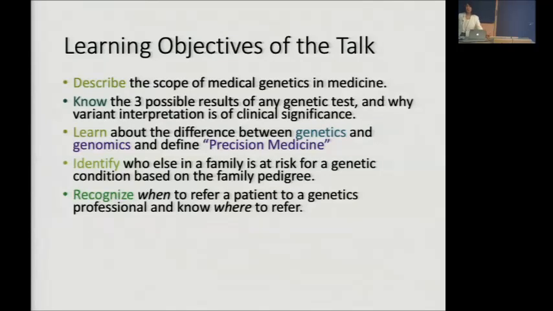You will learn about the difference between genetics and genomics, be able to define precision medicine and where it is going, and have at least a basic understanding of pedigree analysis and who in a family is at risk for a genetic condition. And probably most important, I hope that you take away from this talk when to think about genetics and how and who to refer to.